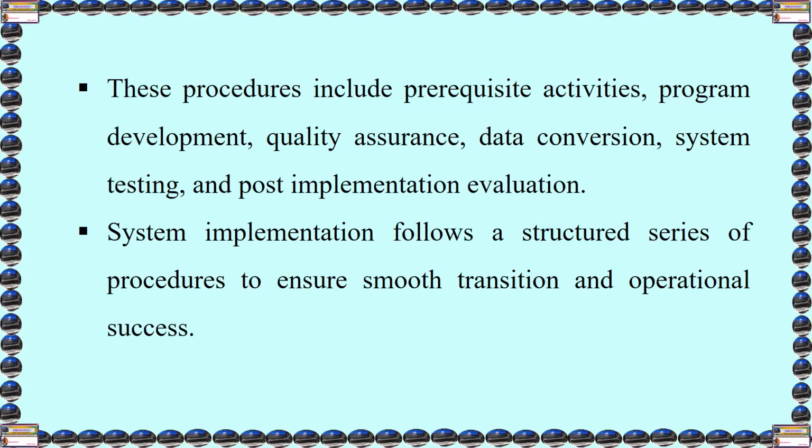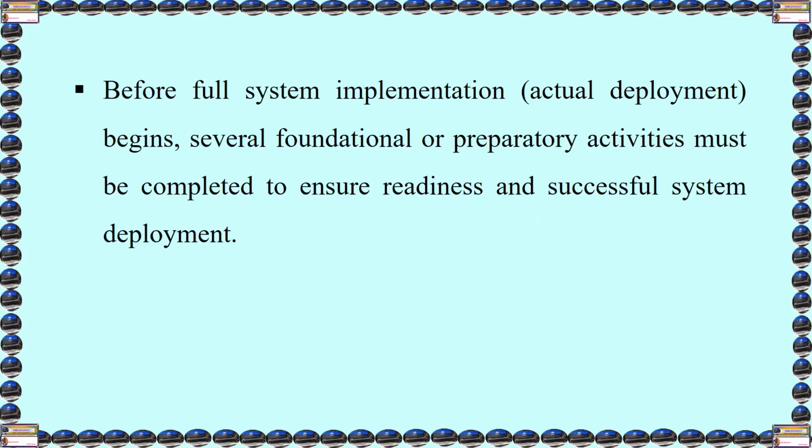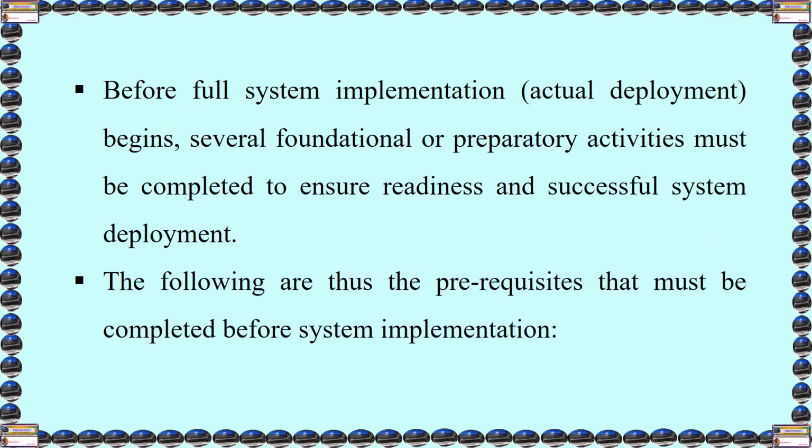The system implementation follows a structured series of procedures that are meant to ensure there is smooth transition and operational success. Before full system implementation, that is actual deployment, begins, several foundational or preparatory activities must be completed in order to ensure readiness and successful system deployment.